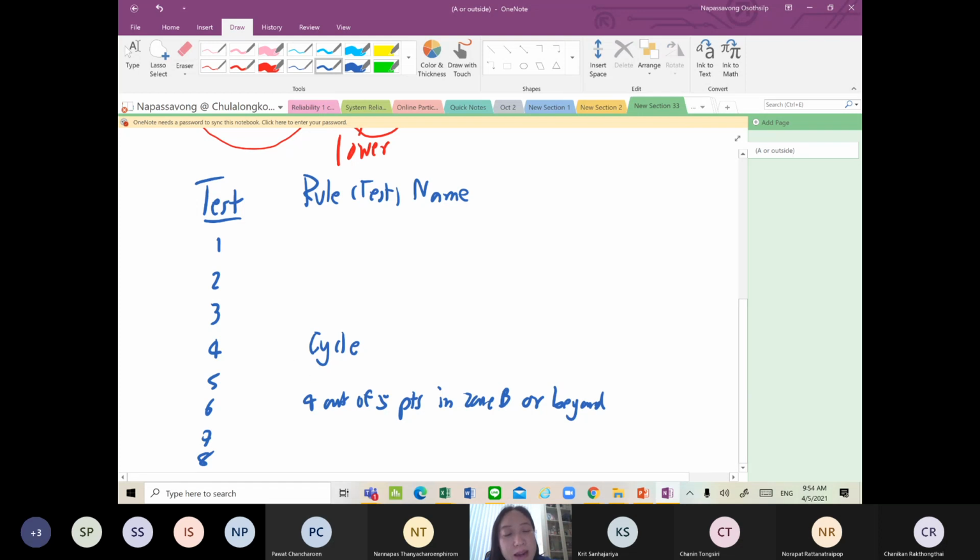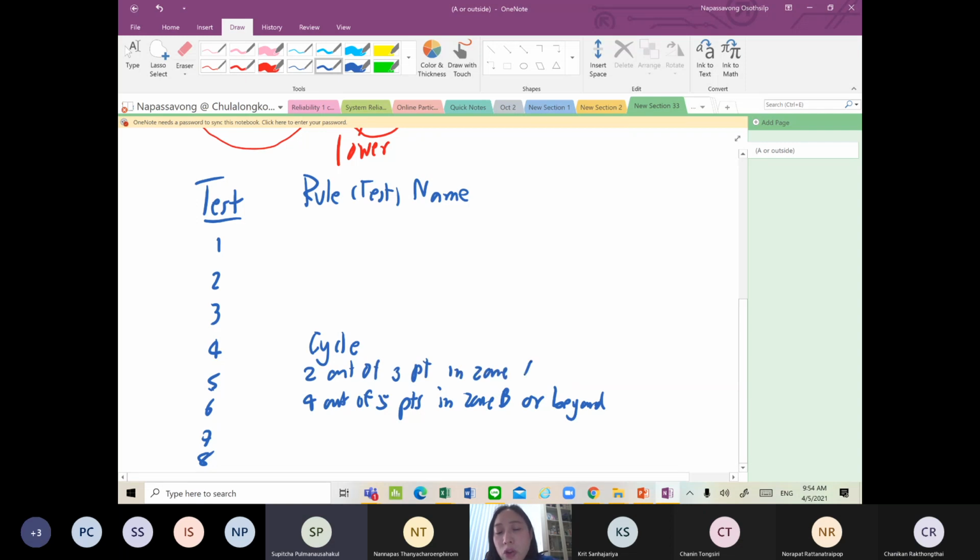Number 5, what is that? You can guess it's similar to 4 or 5. Rule number 5? Two out of 3 points in zone A or beyond zone A.